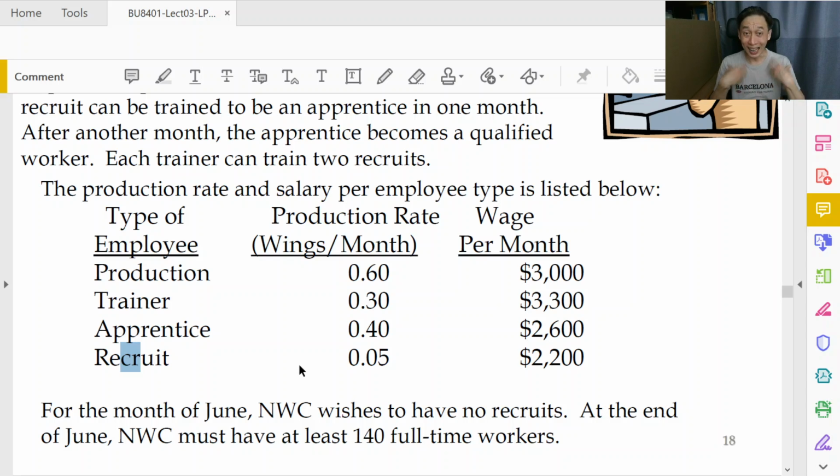Instead, we dedicate fresh decision variables to describe each kind of unknowns that we have. And then when we need to describe the aggregate, for example, we ask total number of workers must be at least 140. Then we add up the individual component variables to come up with the aggregate total. So very quickly, we are going to basically flesh out 4 times 3 months, that is 12 decision variables, right?